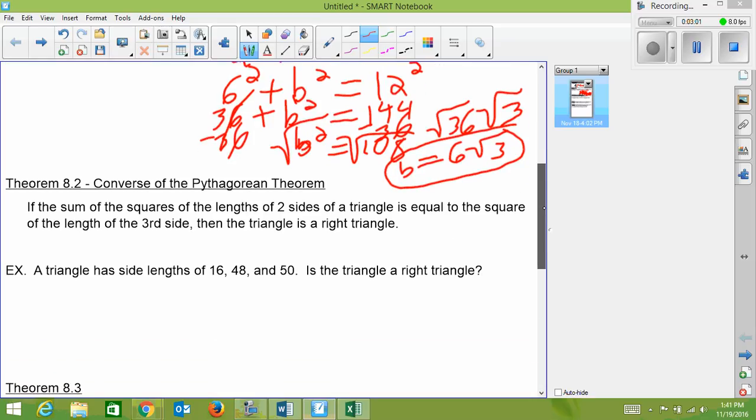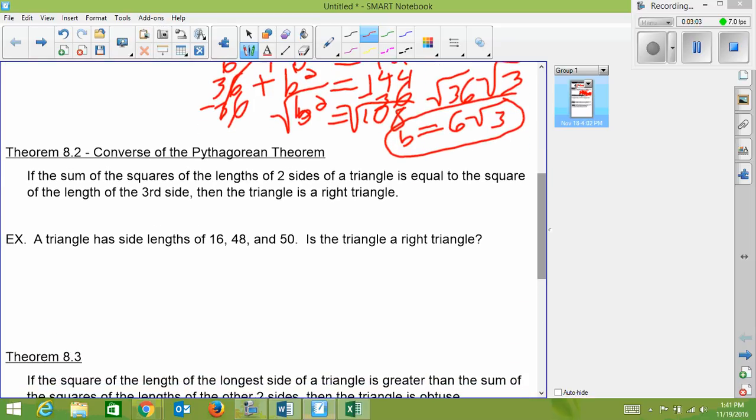For example, a triangle has side lengths of 16, 48, and 50. Is it a right triangle? You're just going to plug it in and see. Is 16 squared plus 48 squared equal to 50 squared? 16 squared is 256. 48 squared is 2304.